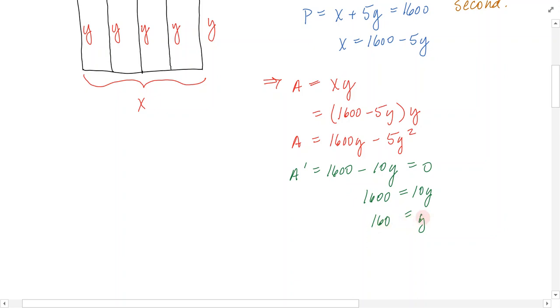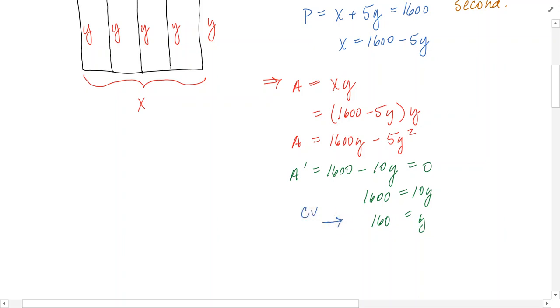So this value here is the value of the max for my function of A, right? A was in terms of the variable y, and I found out by taking the derivative what the maximum was going to be, because this is going to be a critical value, isn't it? This would be our critical value.